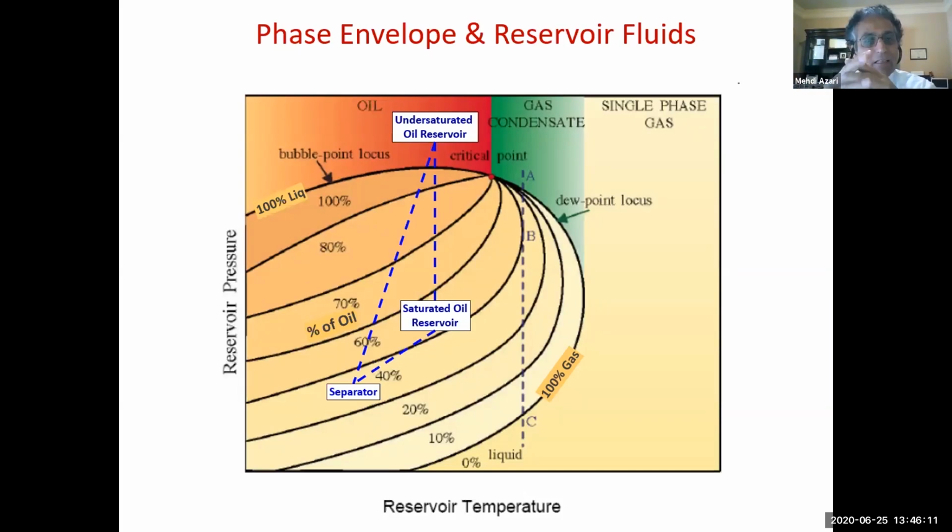So it is at the saturation. Just change the pressure, gas comes out of it. But over here, all the way from this point to here, no gas comes out of it. That means I didn't have enough gas to get dissolved in it. That's what we call undersaturated. So this is the way to understand it: undersaturated, saturated. All right, okay? Don't get confused.